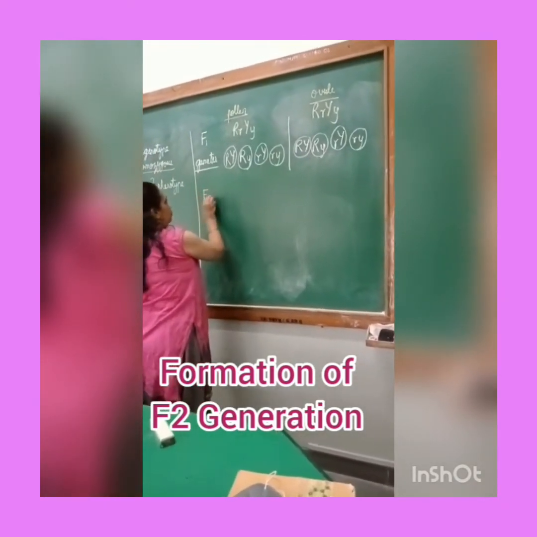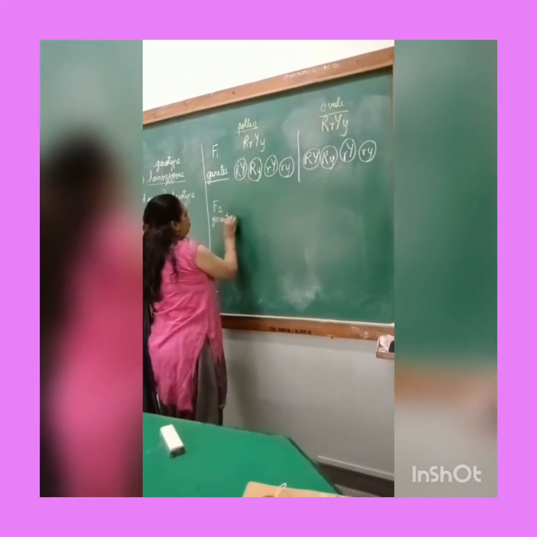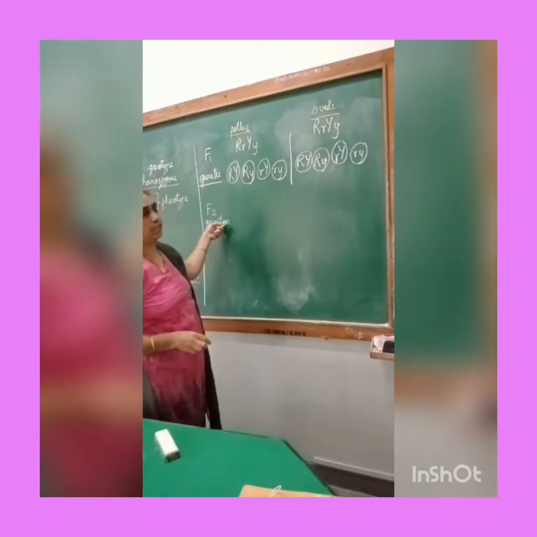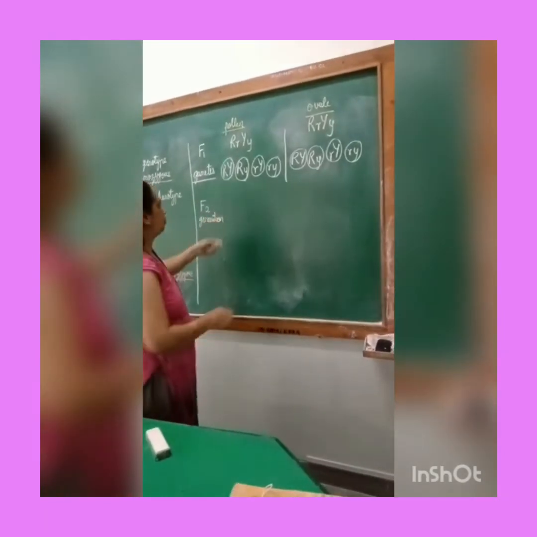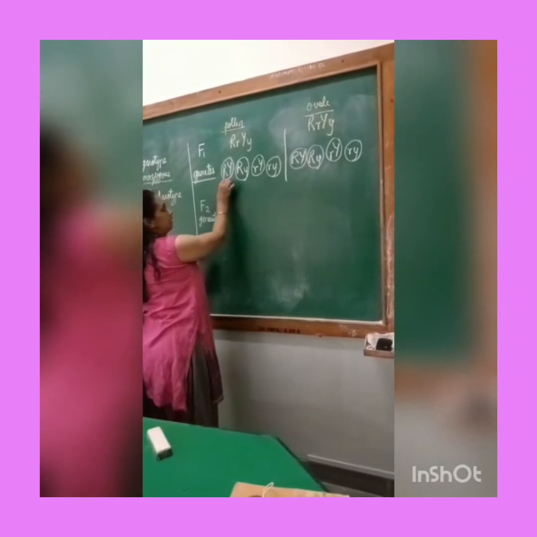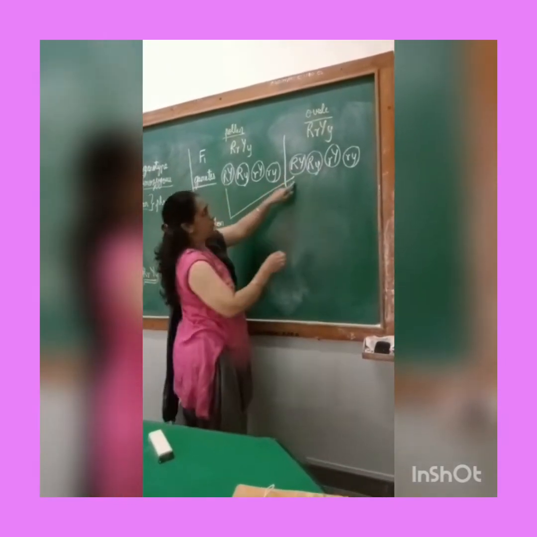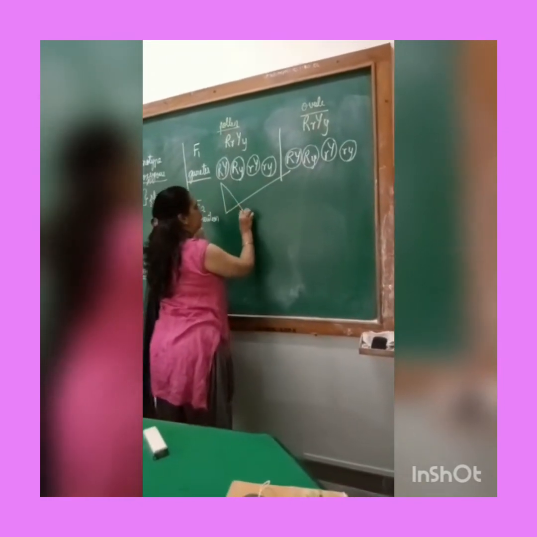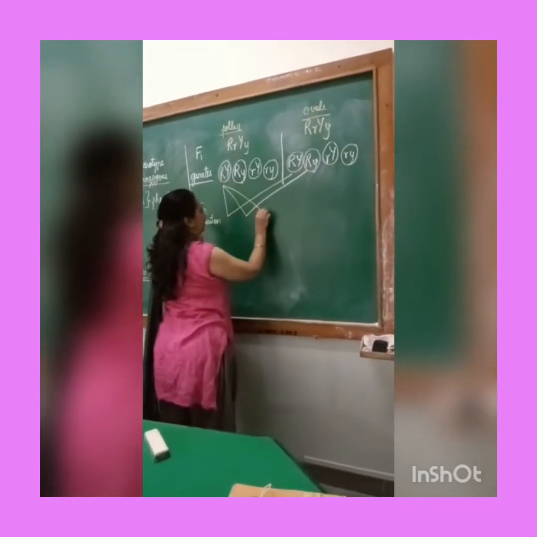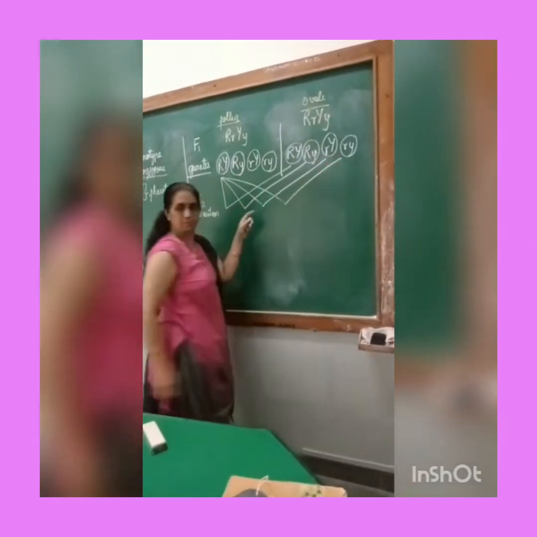Okay, so the F2 generation is going to be formed over here. What is going to be formed? The F2 generation. Okay, the F2 generation can be formed in many different ways. This pollen can combine with this ovule, it can combine with this ovule, it can combine with this ovule, or it can also combine with this ovule.